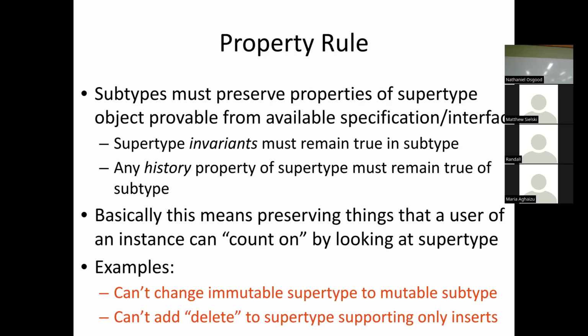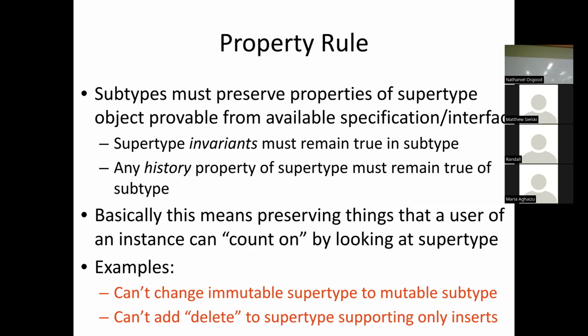You can't change, for example, something that's immutable in the supertype, where it guarantees that it's always the same, into a subtype that's mutable. Someone who's programming against an instance of the supertype, all they know is that it adheres to the supertype contract, and they may be counting on it being immutable.